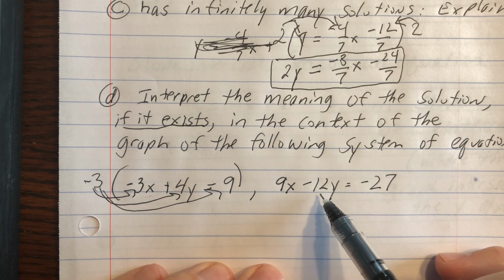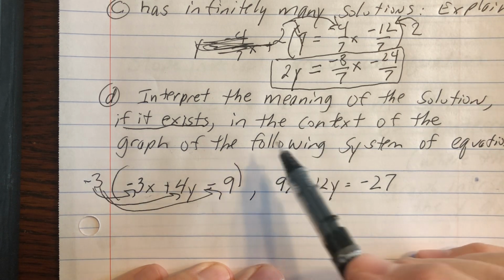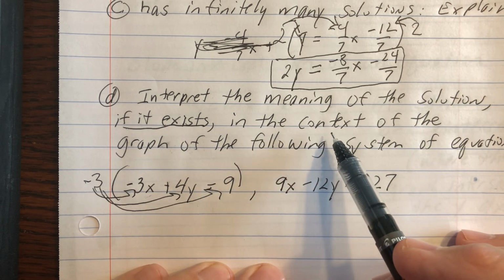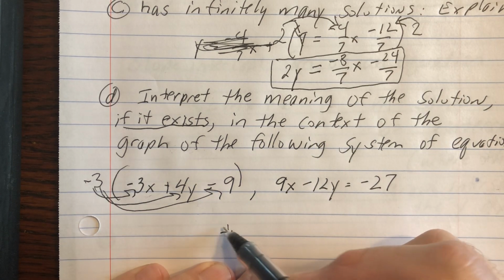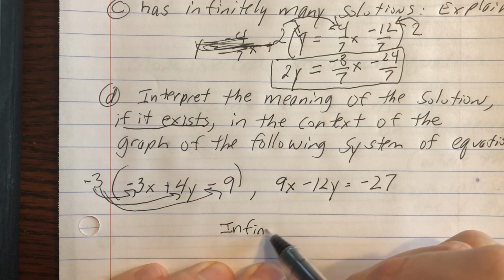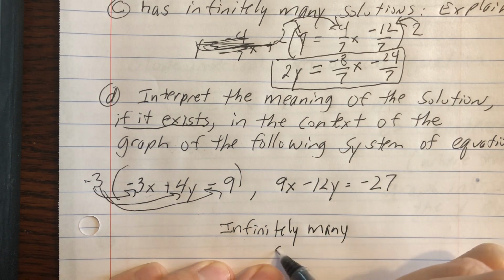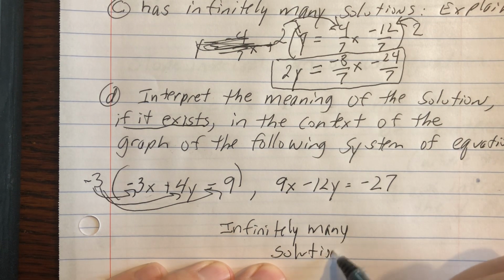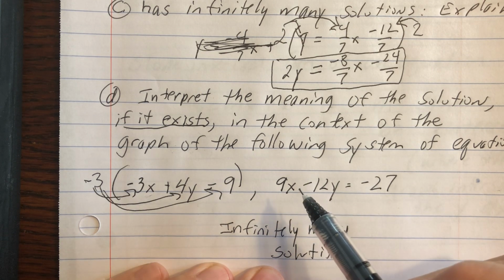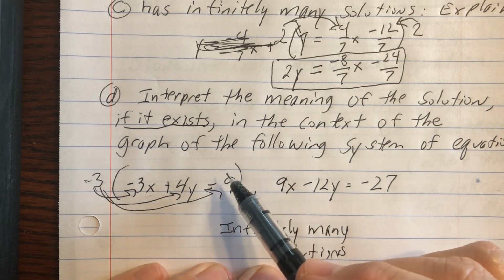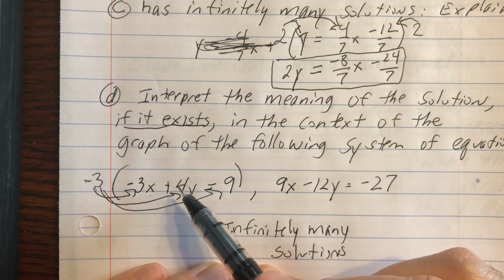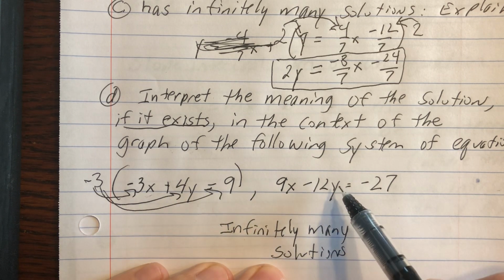So therefore, when we are going to talk about the solution in the context here, the solution would be infinitely many solutions, because any ordered pair that would work in this equation is also going to work in this second equation here.